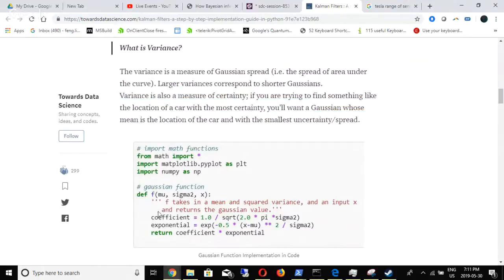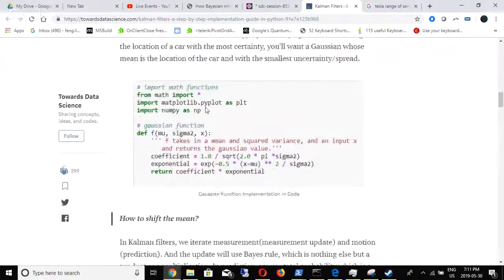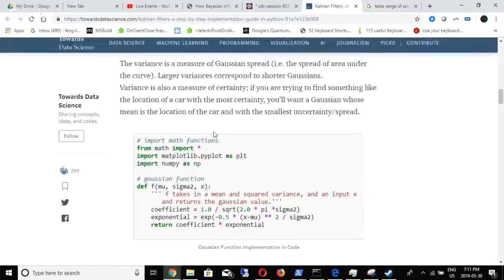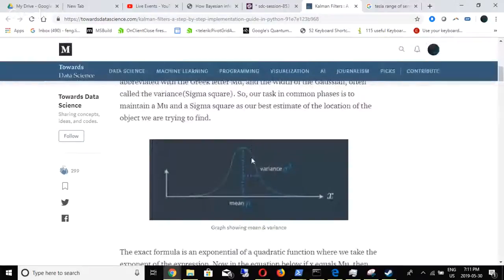That's the result of this function for any x: what it gives you is the probability of x. And the higher your Gaussian is, the much higher the probability.